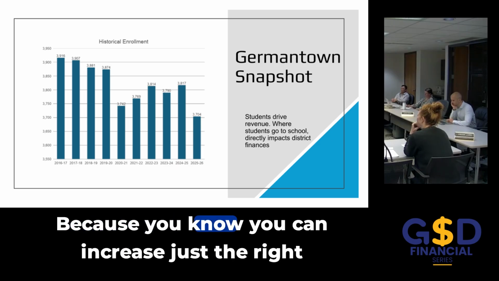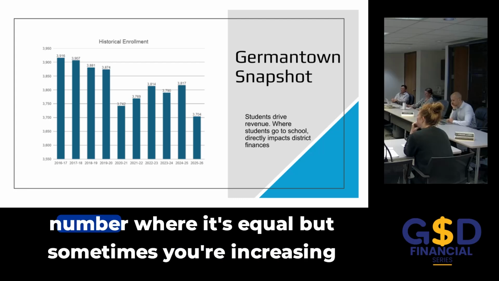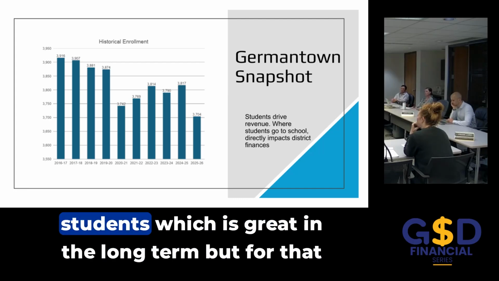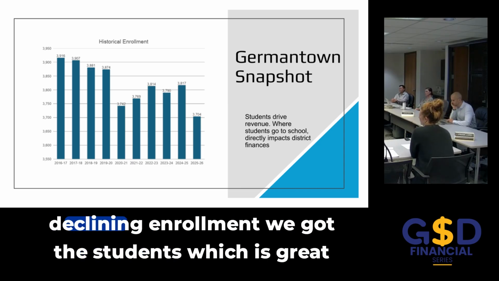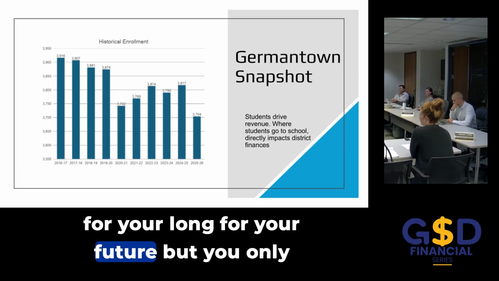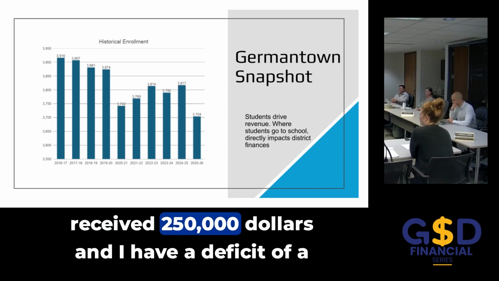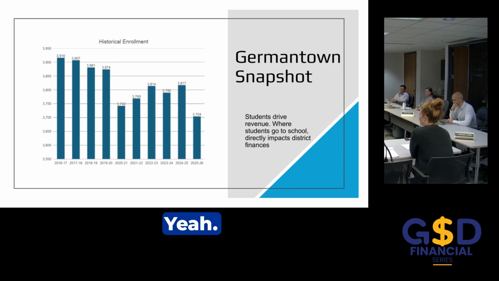Because you can increase just the right number where it's equal, but sometimes you're increasing students, which is great in the long term, but for that year you're like, I received $350,000 in declining enrollment, we got the students, which is great for your future, but you only received $250,000, so now you have a deficit of $100,000 there.